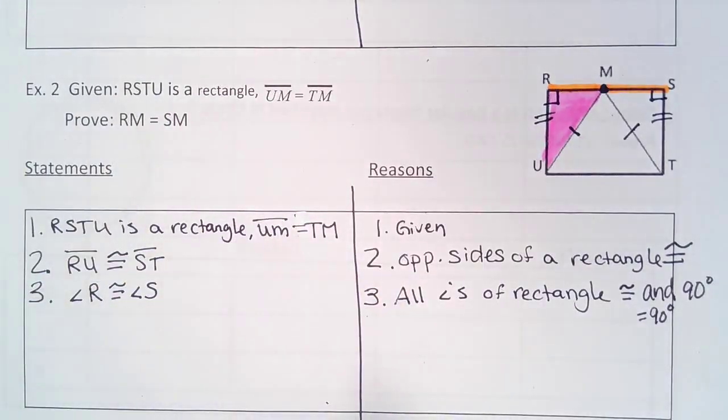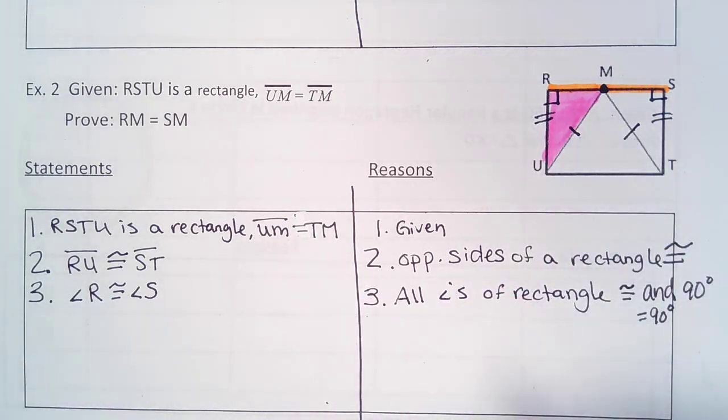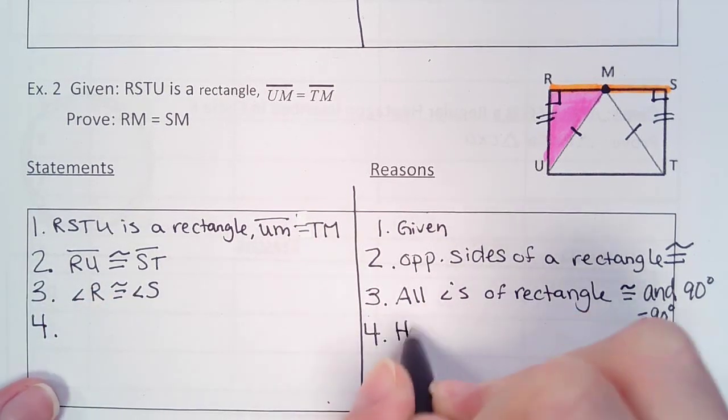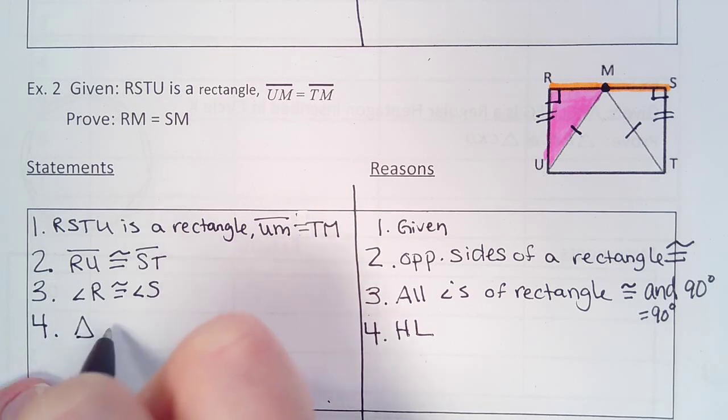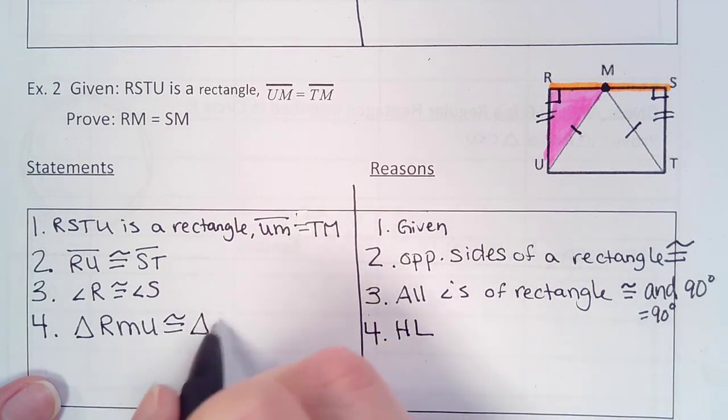I have enough information to say these triangles are congruent through hypotenuse leg. So step 4 would be hypotenuse leg, triangle RMU is congruent to triangle SMT.